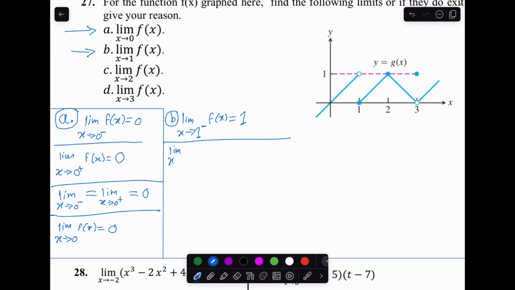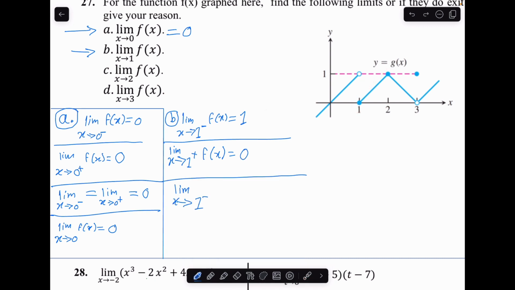Limit when x is approaching 1 from the right, f of x equals 0.